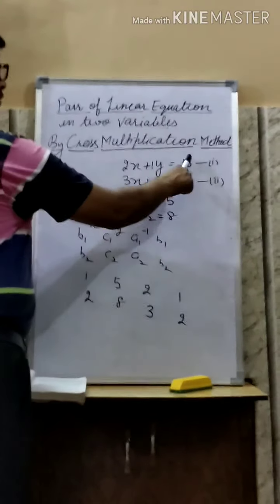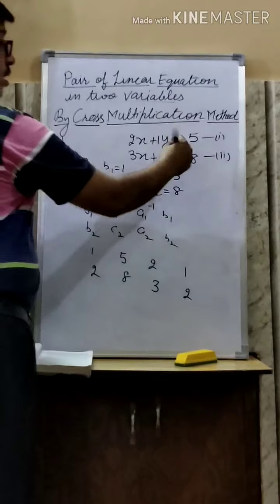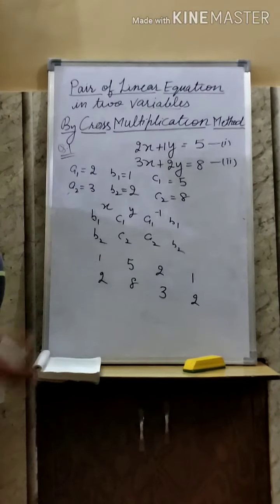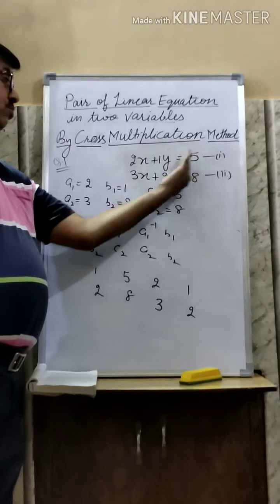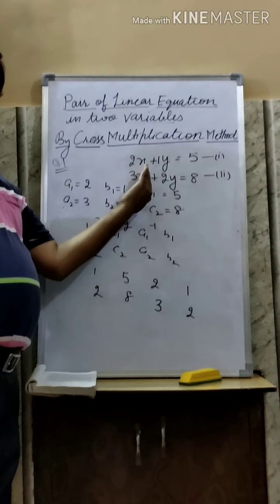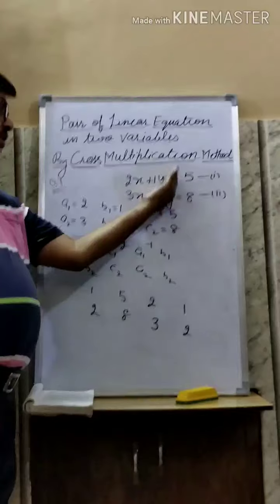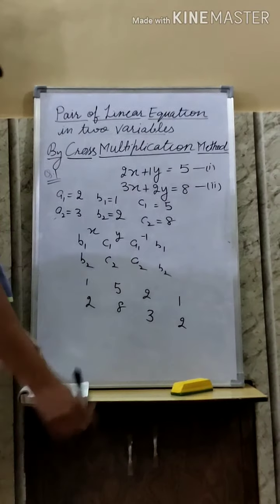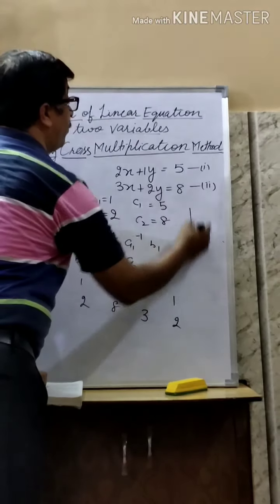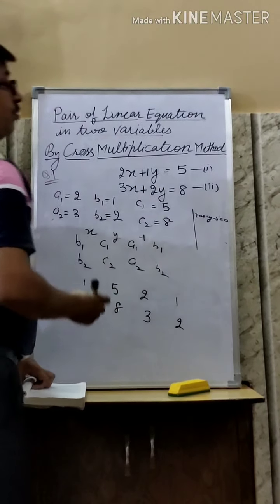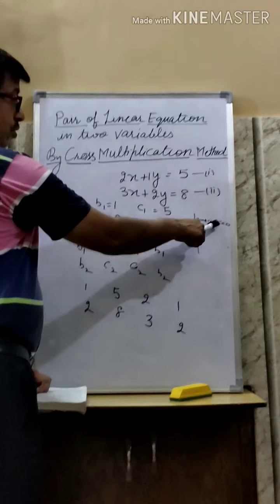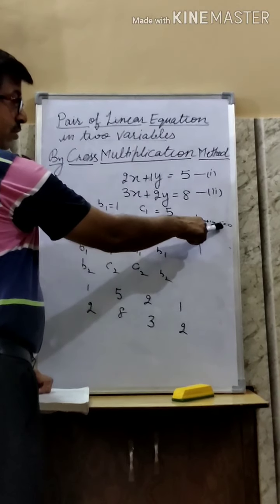If c1, c2 are on the right hand side, then you will take minus 1. If c1, c2 are on the left hand side and the right hand side is 0, then you will take plus 1. For example, if it is 2x plus 1y minus 5 is equal to 0, it means the right hand side is 0 and c1 is here.